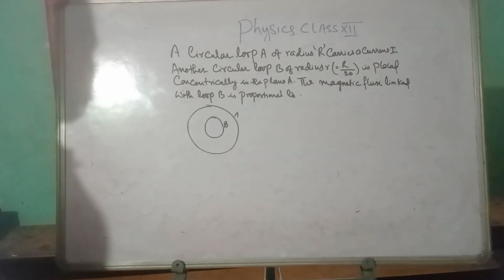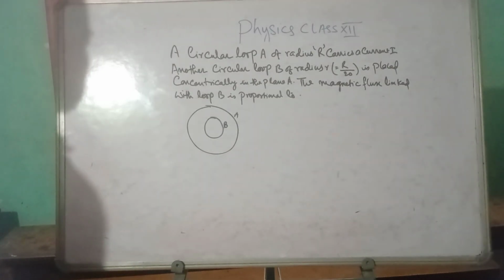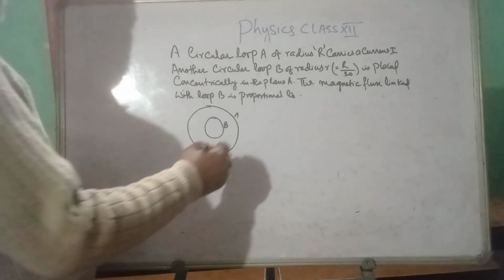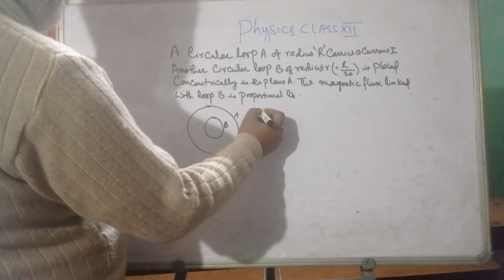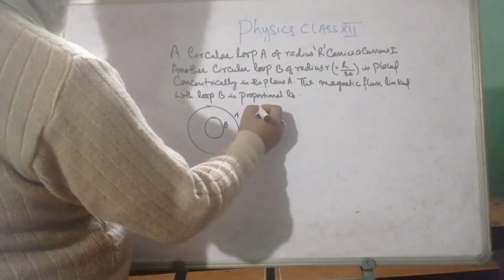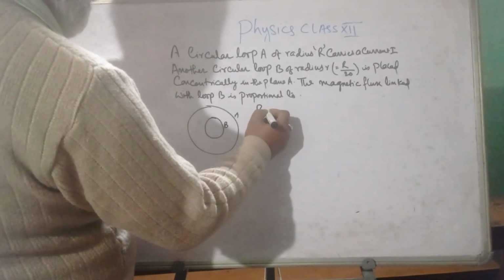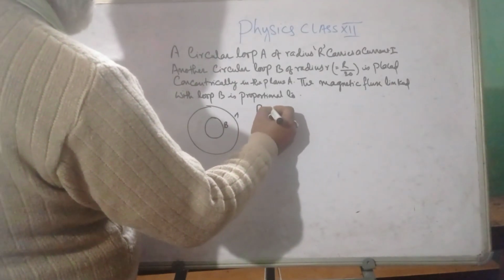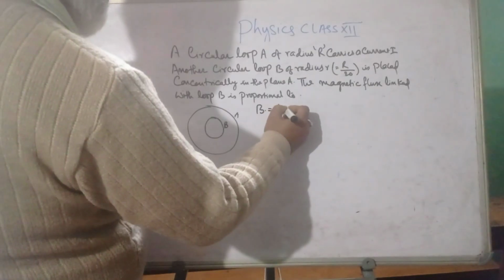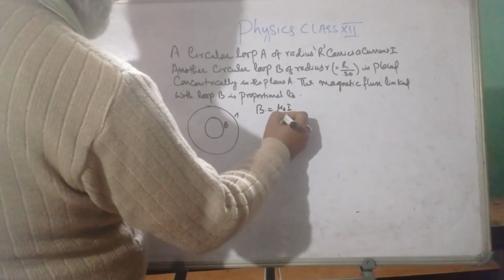We know that the magnetic field at the center of a circular loop is mu naught I by 2R.